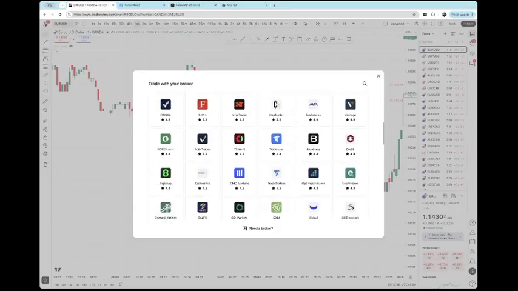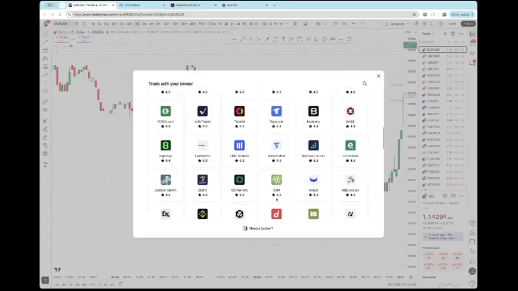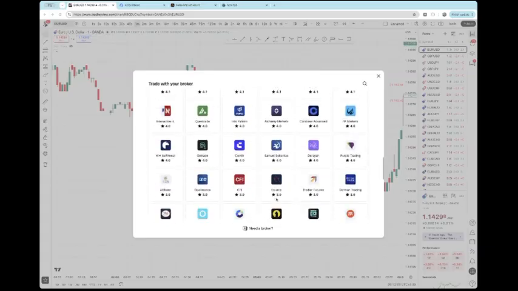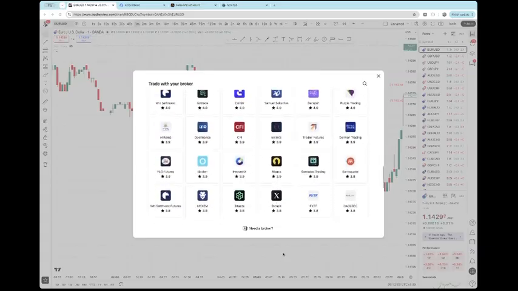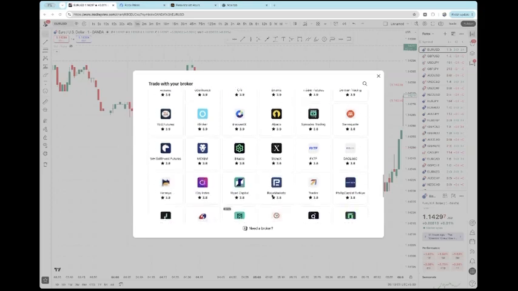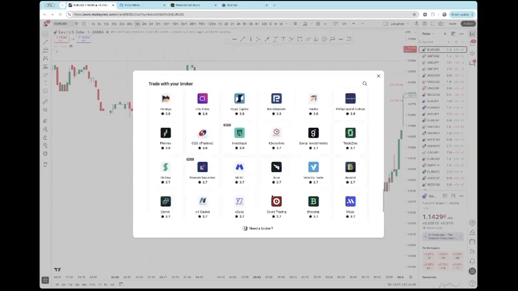But for example, there are brokers like Trader Station, Tradovate, multiple brokers whose names I have heard. I am going to discuss these brokers and where I can trust.